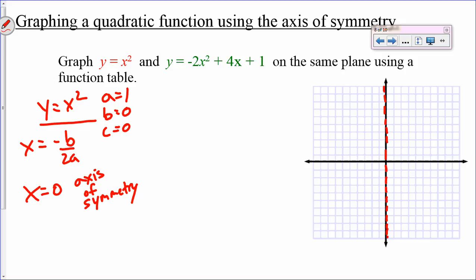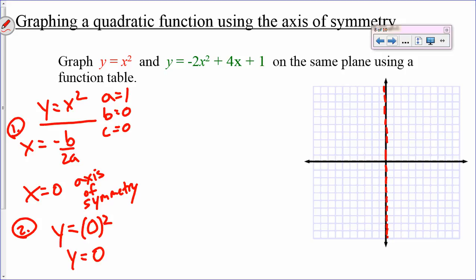Okay. Next step, finding our vertex. To find that vertex point, we've already done the first step, finding the x value. The second step in finding our vertex was plugging that into the y equals equation, substituting that in for x. So y is equal to 0.